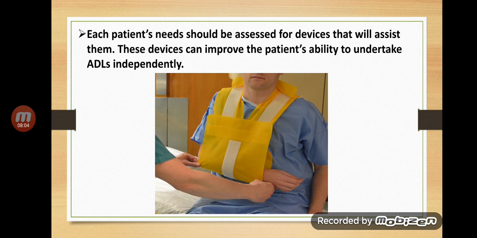For example, for a fracture patient, we can give splints, we can provide bandages and armrests.